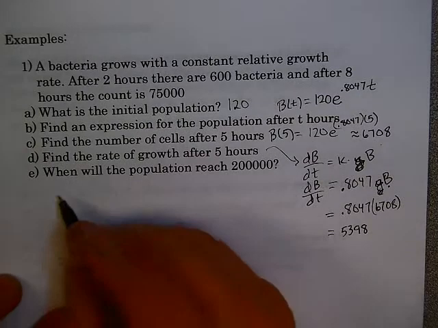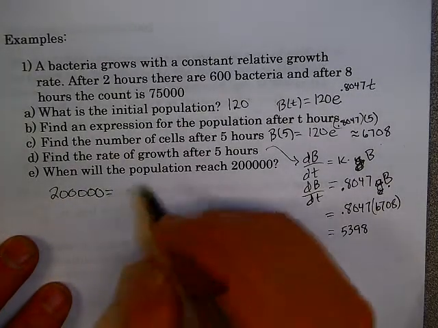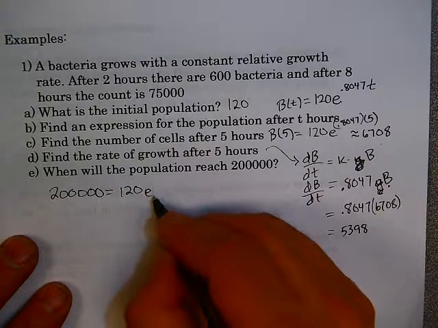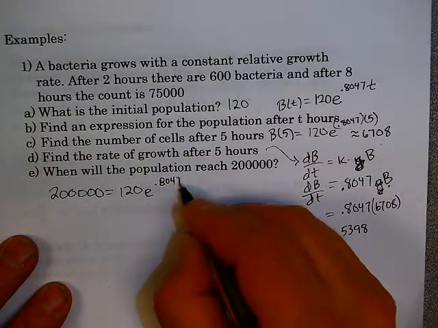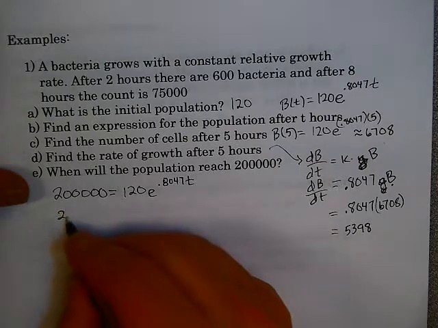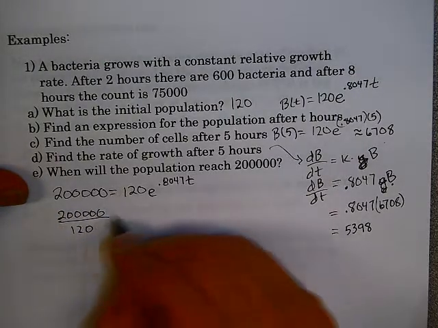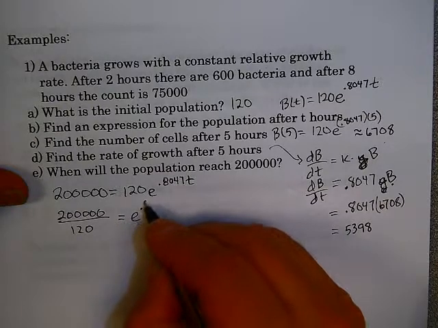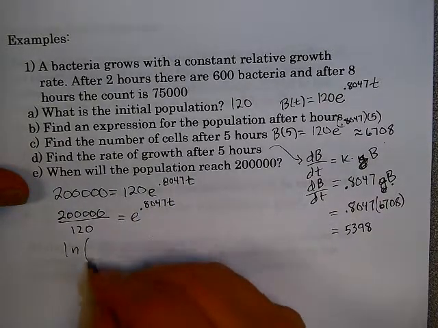Now, when will the population equal 200,000? What we want is to figure out this. Now you can solve this problem using logarithms. You can solve it using your calculator. I'm going to divide both sides by 120. And I'm going to take the natural log of both sides.